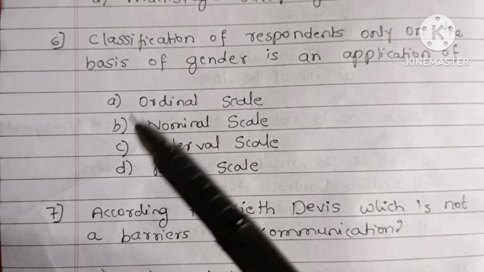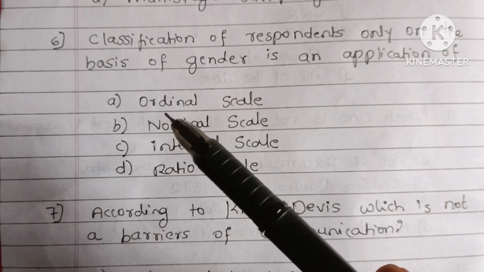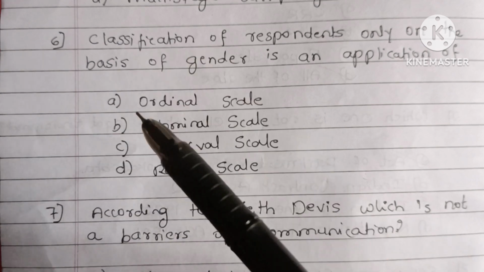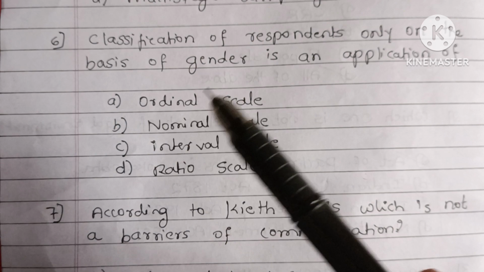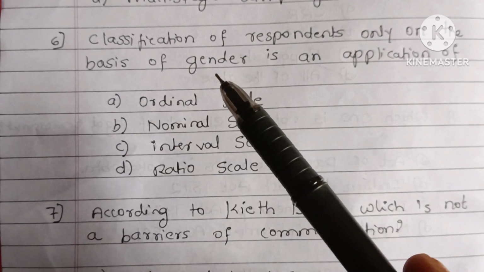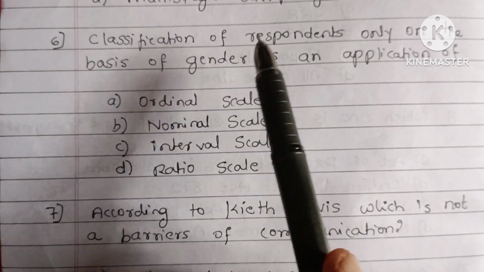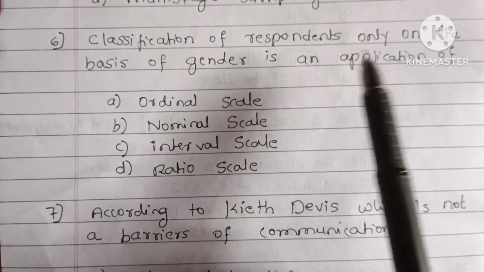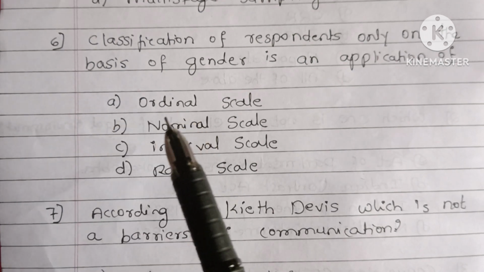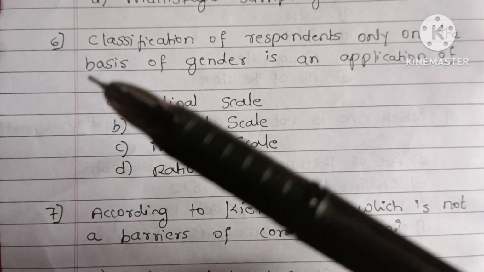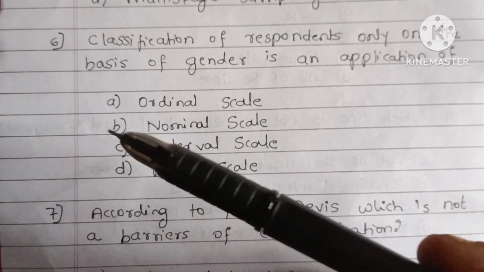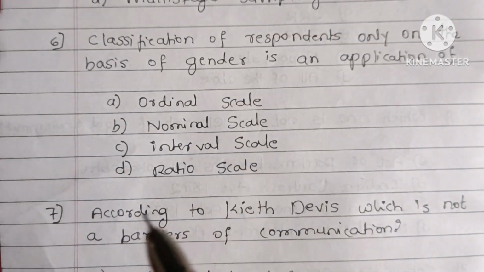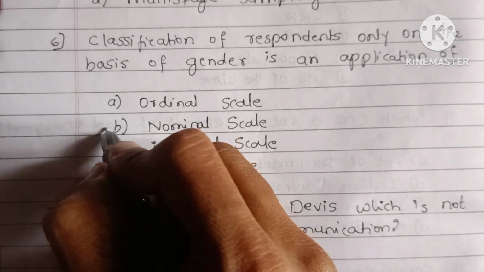It is just a label or a tag which helps to distinguish or classify different objects. It helps in proper categorization. Therefore, the classification of respondents only on the basis of gender is an application of the nominal scale, as we are neither measuring nor ranking the data. So option B is the right answer.